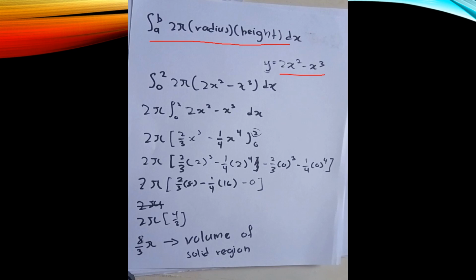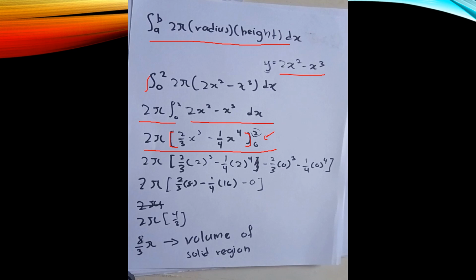The radius is x, and the height is y equals 2x to the power of 2 minus x to the power of 3. Now we're going to put the data that we get into the formula. Integral from 0 to 2 of 2 pi multiplied by x times 2x to the power of 2 minus x to the power of 3 dx. Now we're going to take out the constant, which is 2 pi, and write it like this. After that, we're going to use the antiderivative, and the integral limits will be put at the back.